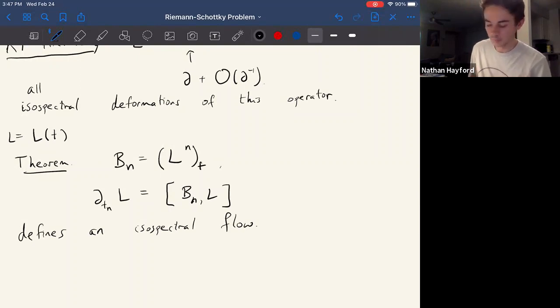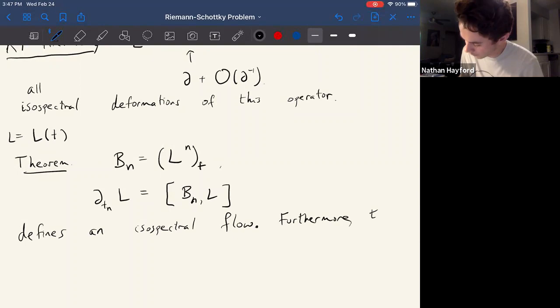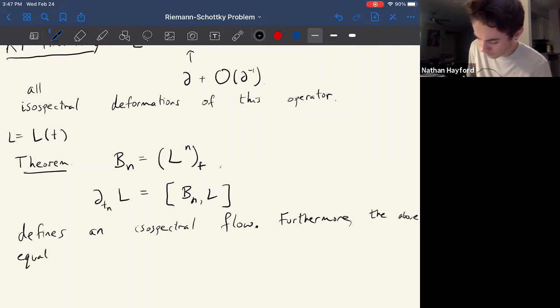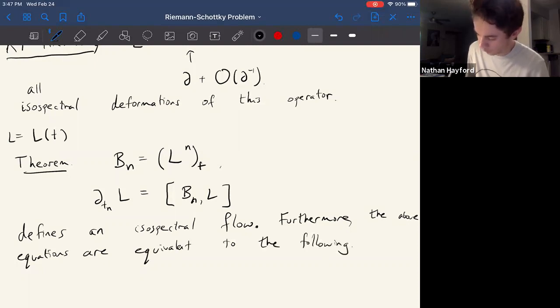And actually it follows, furthermore, I'll say this. This system of equations is equivalent to the following. This is actually where I have to start introducing more parameters.